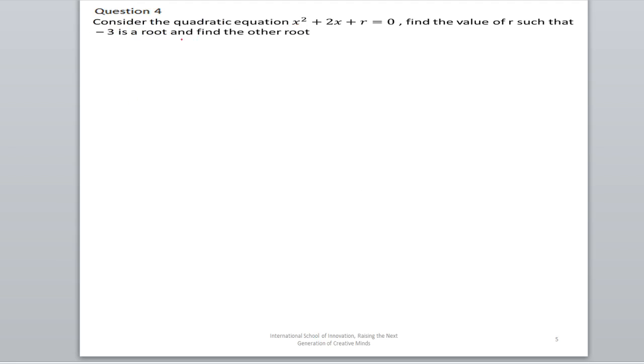Now we have question 4. Consider the quadratic equation x squared minus (2 plus 2x) plus r equal to 0.